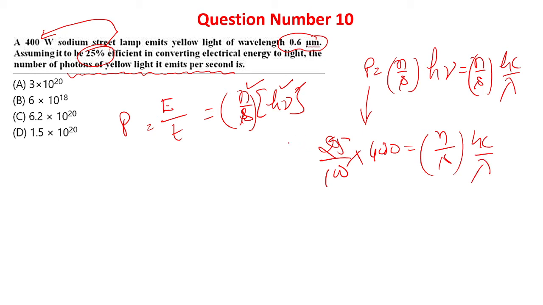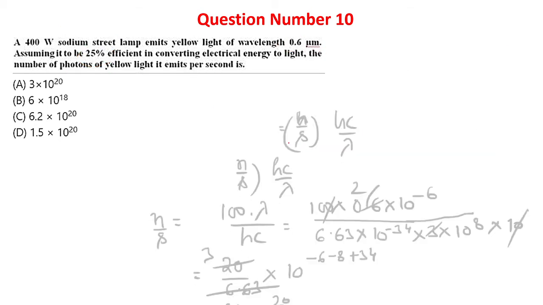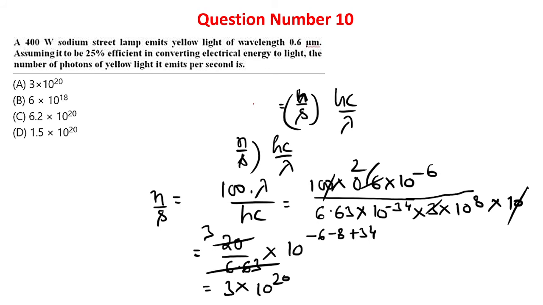Okay, so let me do it once again. Power equal to number of photons per second into hc by lambda. Number of photons per second required is equal to power, 25% of 400 is 100, and take these hc by lambda to right hand side.